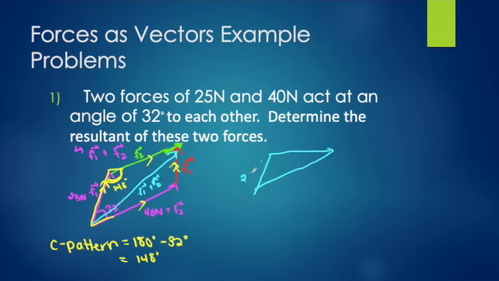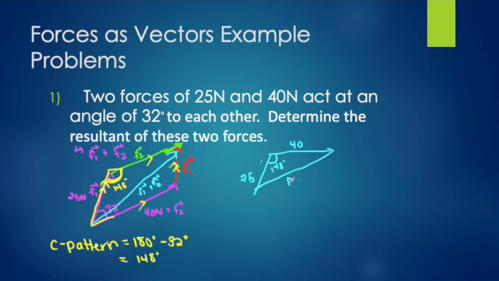You have 25 newtons. Our F2 is 40 newtons. We know this is 148 degrees. This is not dividing 32 exactly in half, so don't think that is like 16 degrees or anything, okay? So make sure you're using the angle of 148 from that C pattern, okay?